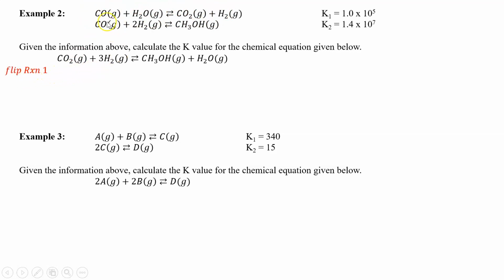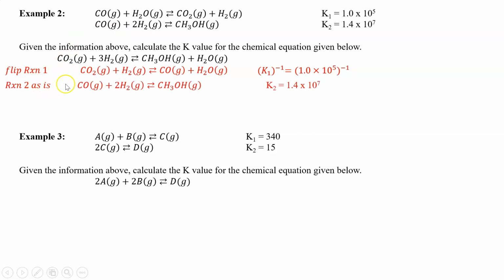And if I flip reaction 1, remember I have to take K to the -1 power. That's just what we've done. K to the -1 power, that's 1.0 times 10 to the 5th, raised to the -1 power. Then we need to write the original reaction, or the second reaction, just as it is, because it fits that way.